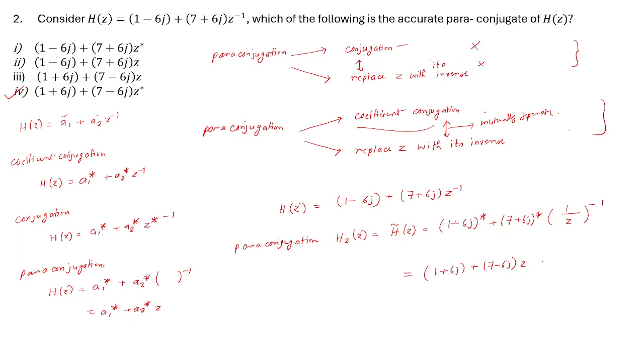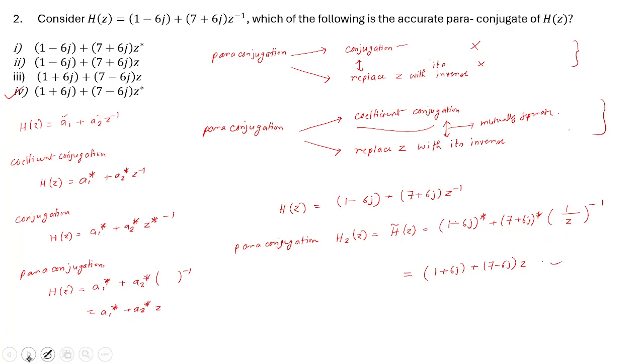You should see paraconjugation as a combination of these two mutually separate properties, that is coefficient conjugation and replacing Z with its inverse, and the answer should come like Z, that is paraconjugation. This modified transfer function H tilde of Z takes a complex conjugate of the coefficients and replaces Z by Z inverse, therefore you get this expression.